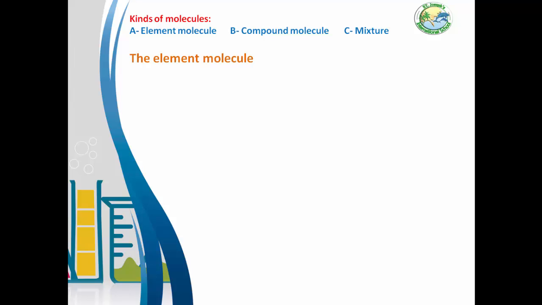What is the element? Element is the simplest pure form of matter, which can't be analyzed chemically into simpler form. For example, if we take an element like copper, we can say that copper is the pure form of matter and the simplest form of matter.